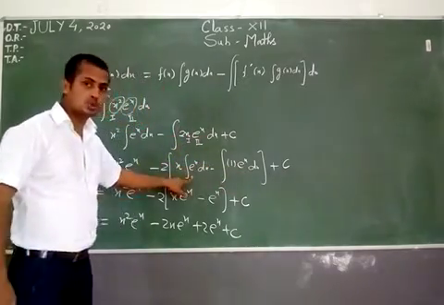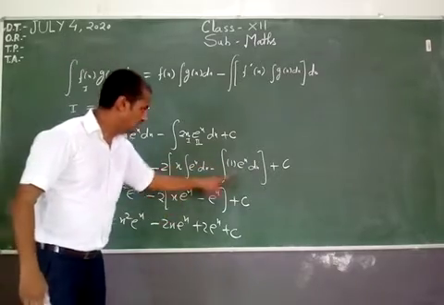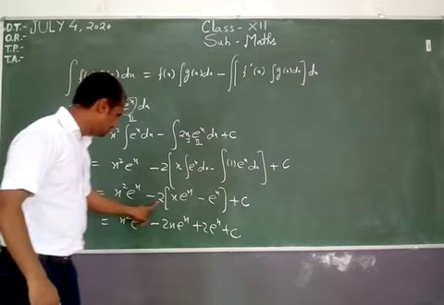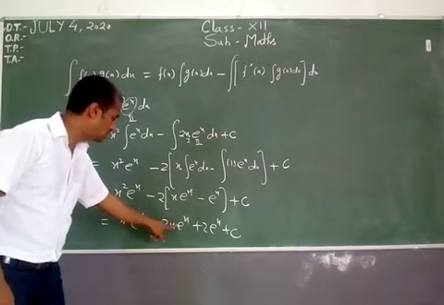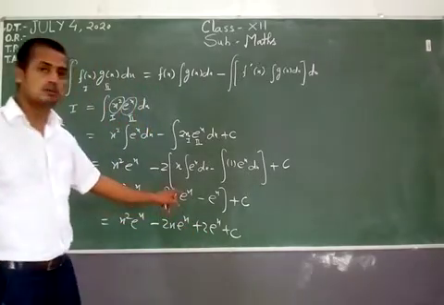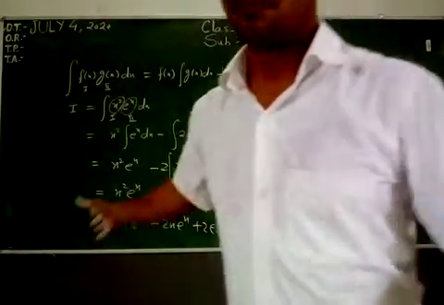We have e power x to integrate. The integral of e power x is simple: e power x. Multiply by minus 2. We can write here minus 2x e power x, and minus into minus 2 equals plus 2 e power x plus c.